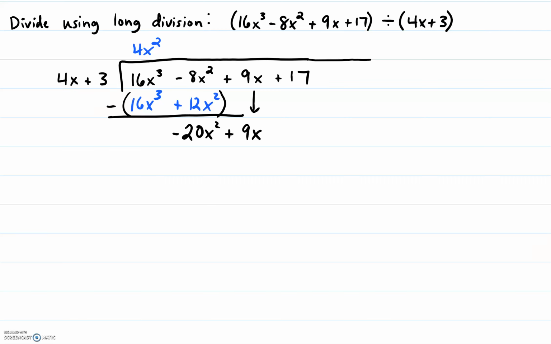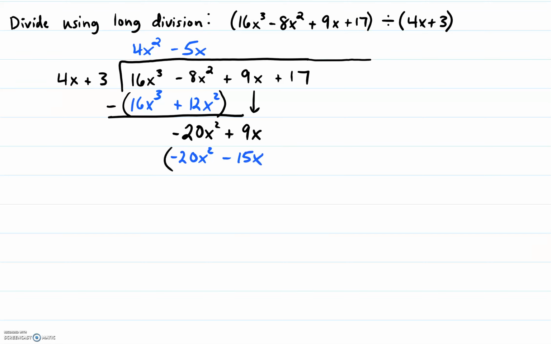We say, what would we have to multiply by 4x to equal negative 20x^2? And the answer to that is negative 5x. And so then take the negative 5x and multiply it by our 4x, giving us, of course, negative 20x^2. But then don't forget to multiply the negative 5x by the 3, giving us minus 15x.